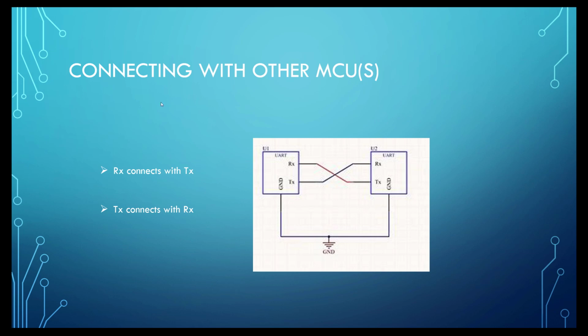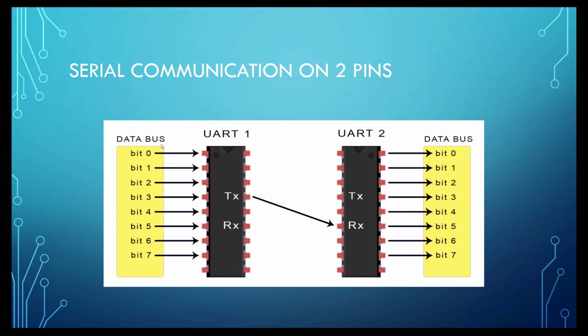So the next thing is how we connect with the other microcontrollers. Keep in mind, the TX pin should be connected with the RX pin of the other microcontroller, and the RX pin should be connected with the TX pin of the other controller. And since it's a serial communication, all the 8 bits of data from bit 0 to bit 7 are transmitted serially over a single wire.